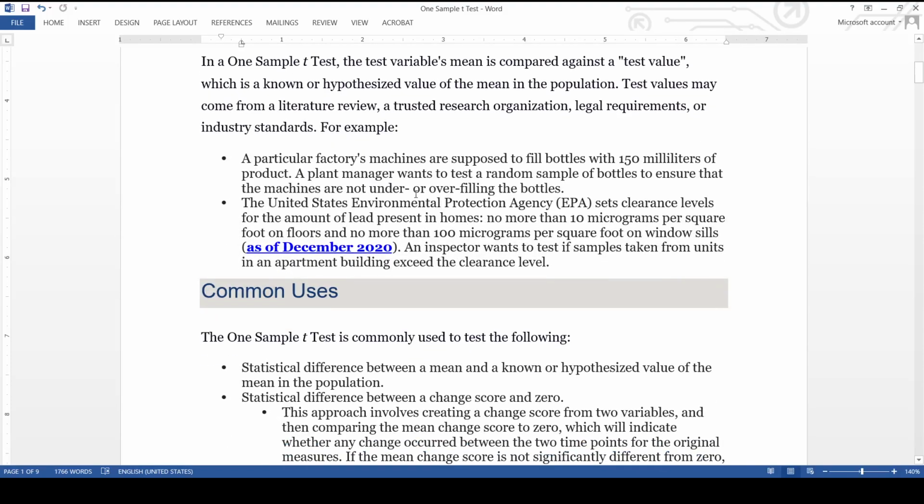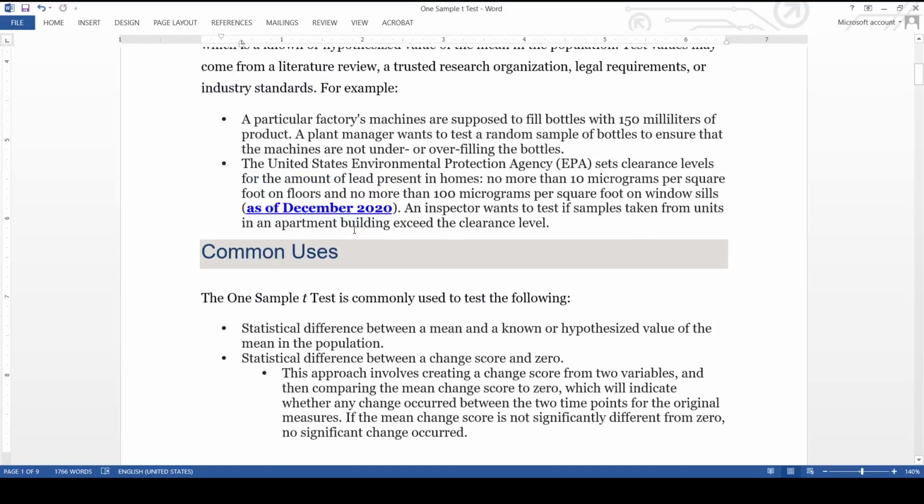Let's look at these two examples before we see how we can break it down. A particular factory's machines are supposed to fill bottles with 150 milliliters of product.